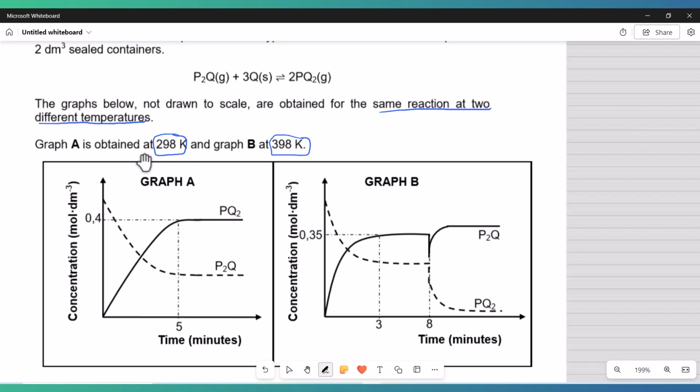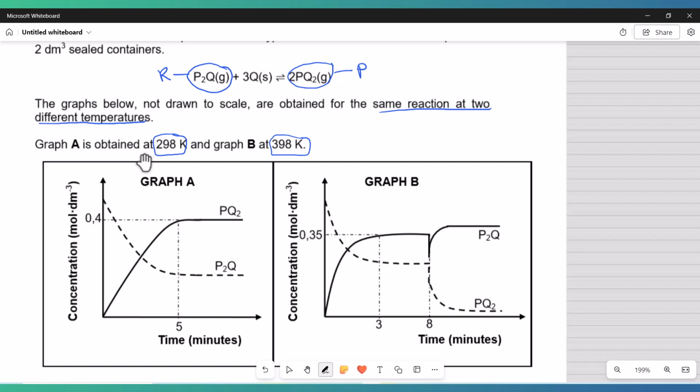Now note that PQ2 is our product, and P2Q is our reactant. Look at our diagram here, guys. From the beginning, the P2Q, which is the reactant, is above 0.4 moles per decimeter cubed.